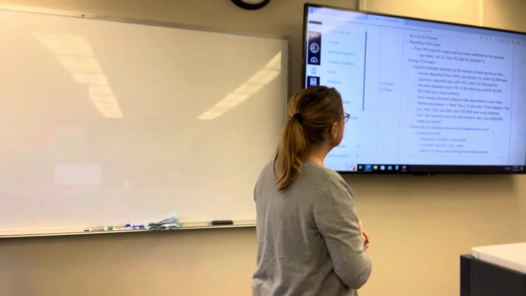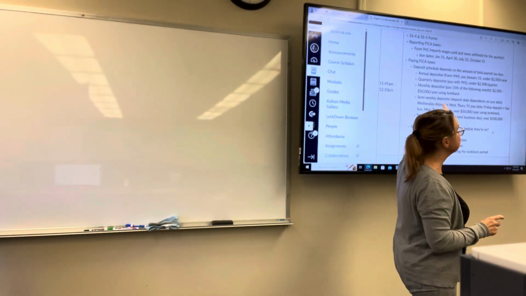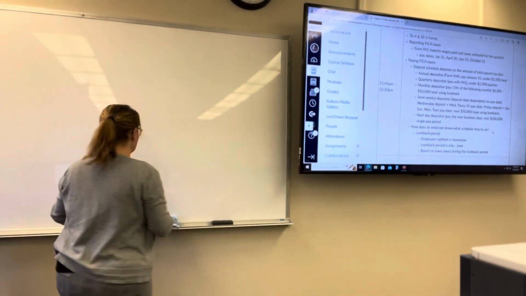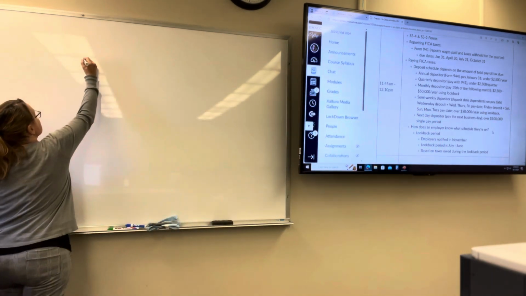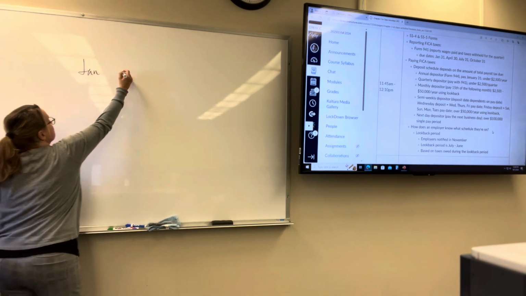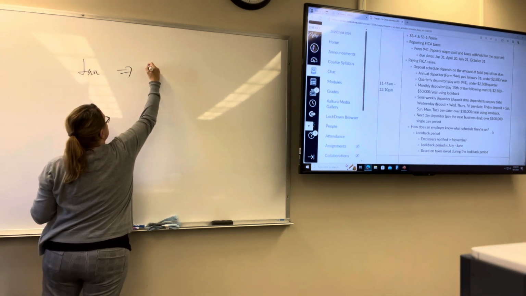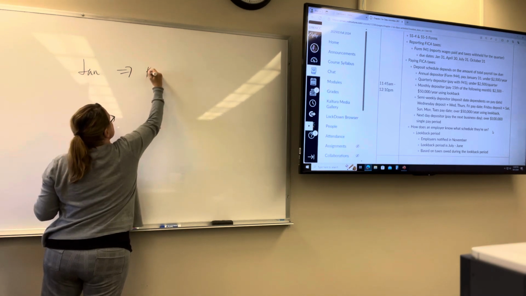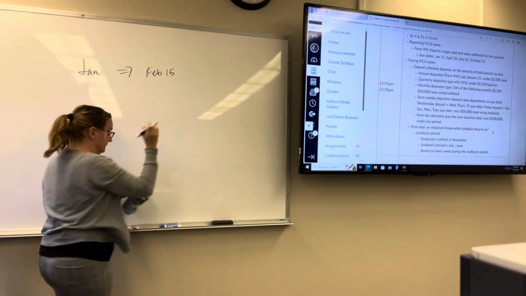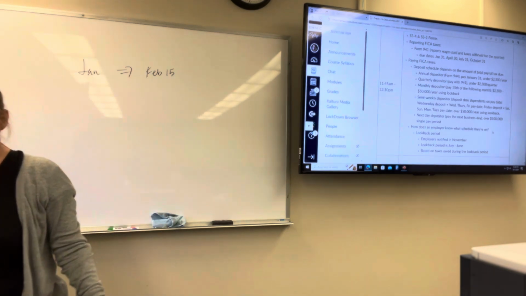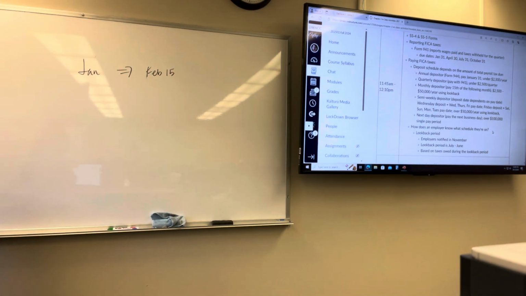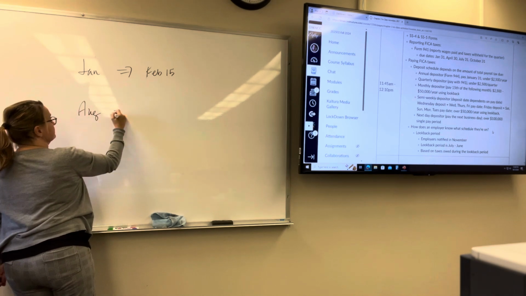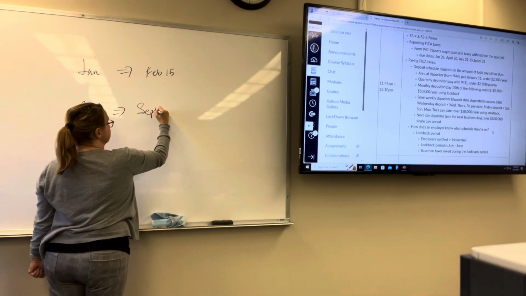And that monthly due date is the 15th of the following month. So for January, they have to pay by February 15th, unless that's a weekend or a holiday, in which case they can pay the next business day. So August, they would have to pay by September 15th.